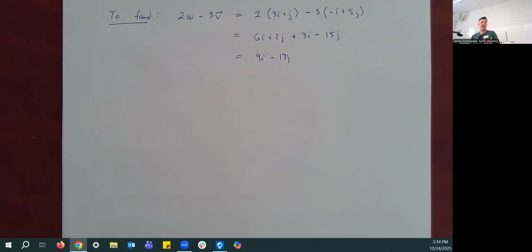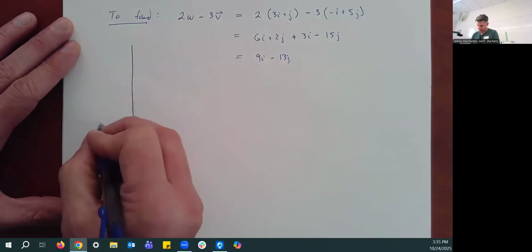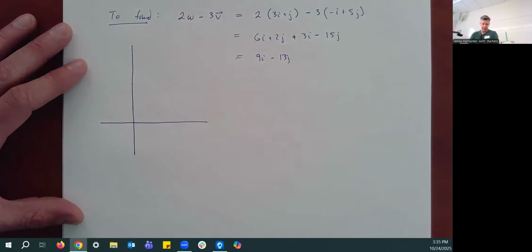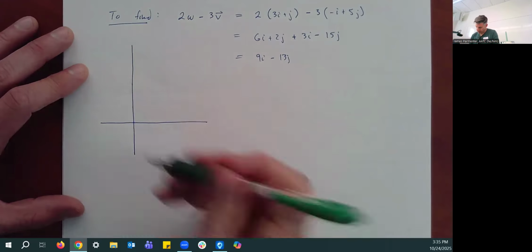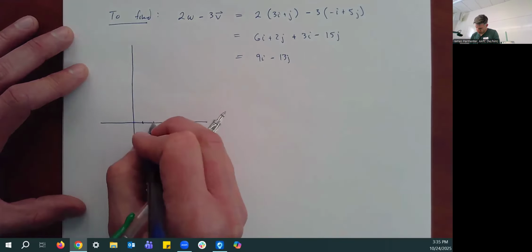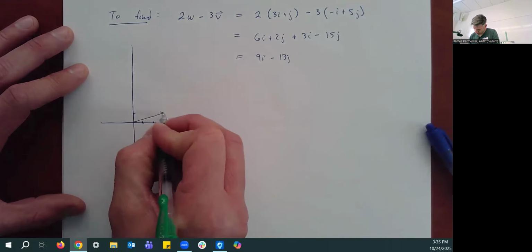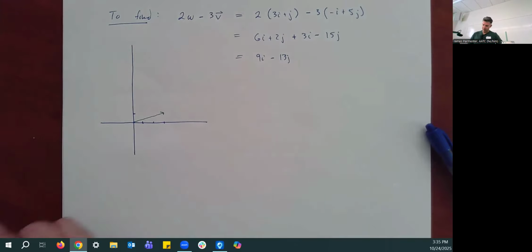And you could draw it. I don't really want to, but you could draw it by saying, okay, well, my W was, this is going to be kind of gross, but fine. So let's see, W was over 3 and up 1. And my V was again left 1 and up 5.